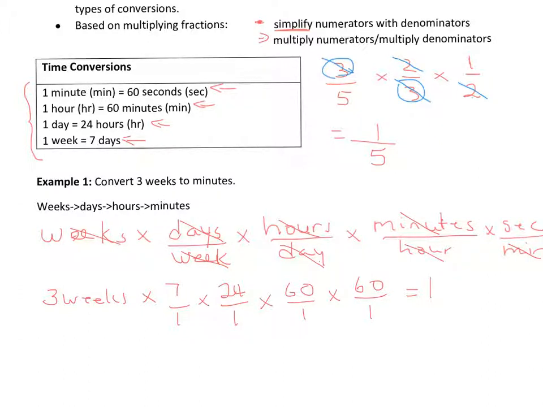Let me just double check that. 3 times 7 times 24 times 60 times 60 equals 1,814,400 seconds. And again, I didn't fit it in there right beside, but make sure you include your units, okay?